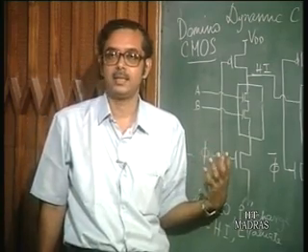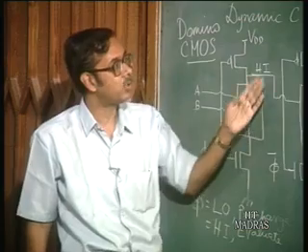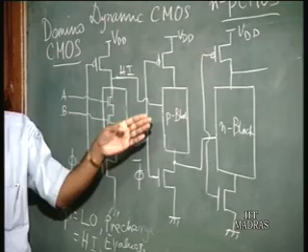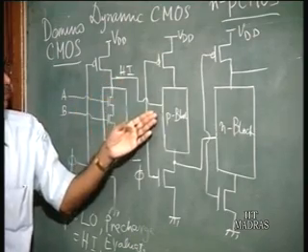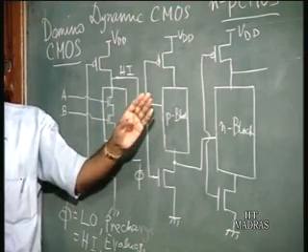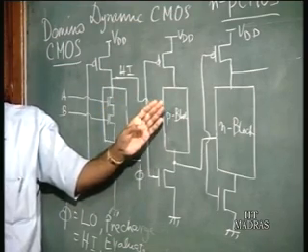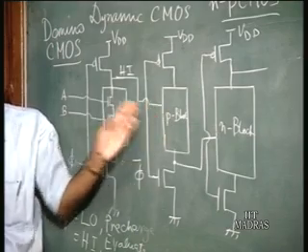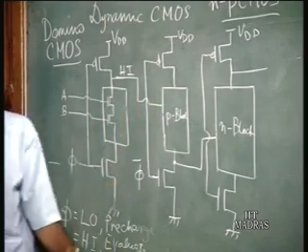The reason is like this: it basically works on the principle that during the pre-charge phase you are charging the output capacitance of this gate, which is the input capacitance for the next stage.